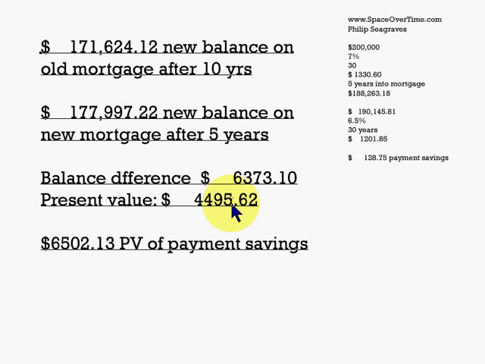So this is really sensitive to the amount of time. So go ahead and play with a different number of years, but keep in mind that you don't just use that number in computing the present value of these two cash flows, that big lump sum down at the end compared to those payment savings. You've also got to use that when you're calculating the balances of the new mortgage compared to the old mortgage. So those numbers are going to change as well.